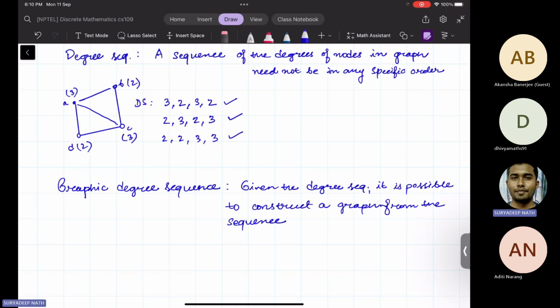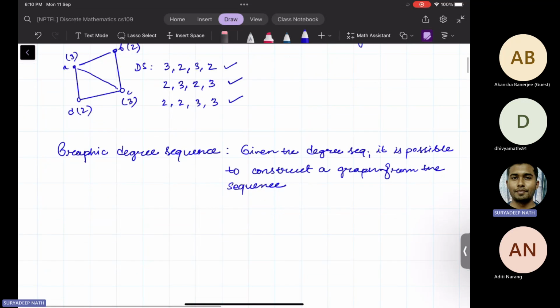So that is a graphic degree sequence. Now I'll give you two examples and ask whether they are valid degree sequences or not.